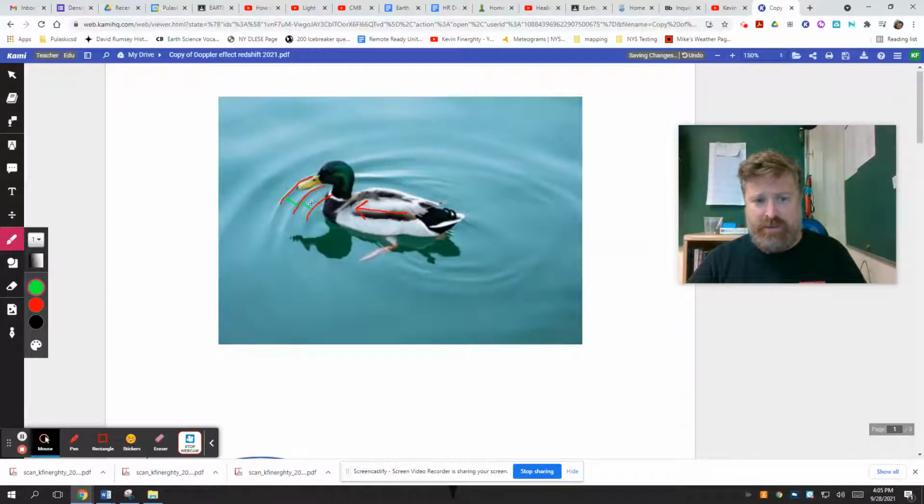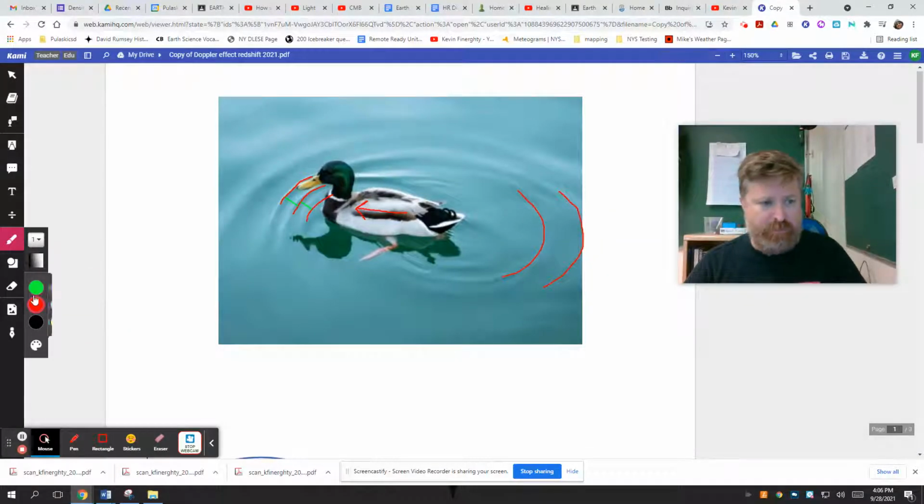What I'm seeing here is that since the duck, as it's emitting these waves, is catching up to the very waves that it emits, the wavelength here is smaller. Whereas towards the back, and I admit that it's not outstanding in this picture, the wavelengths are maybe like here and here.